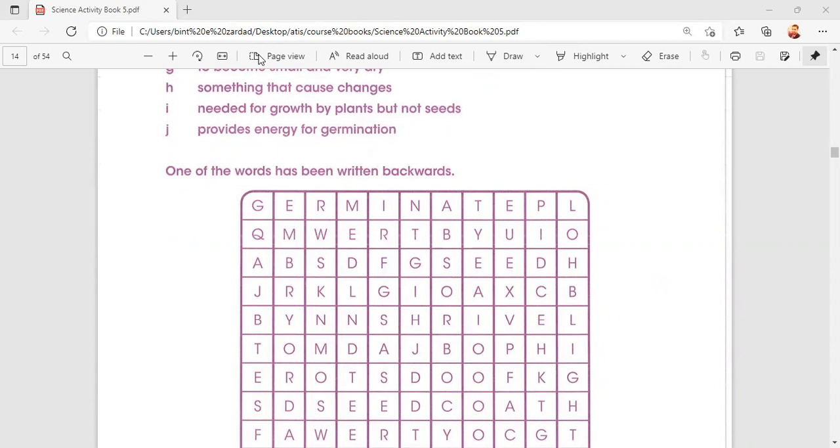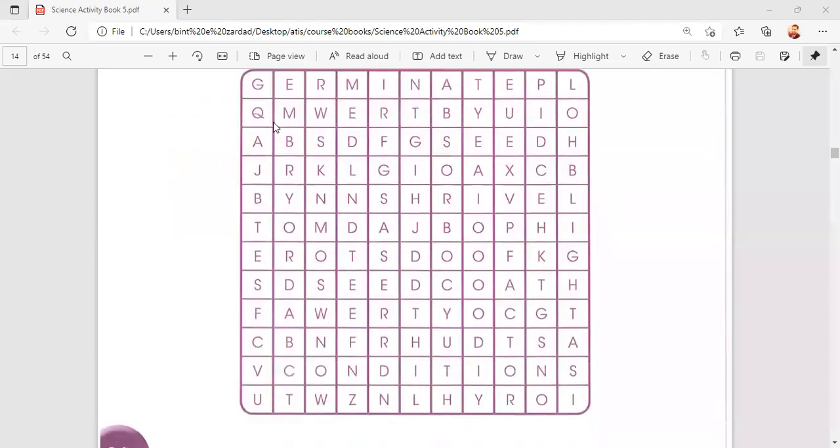First find the words. One of the words has been written backward. So let's do it. Germinate, number 1. Seed, and after this embryo, yeah, embryo.